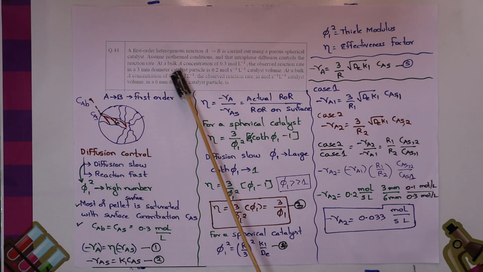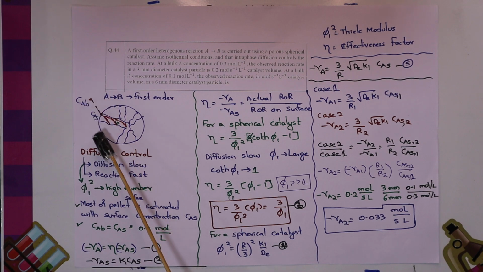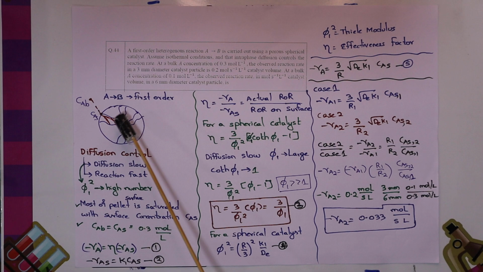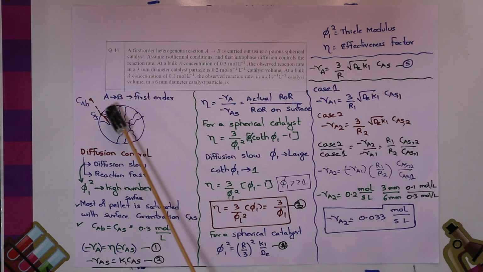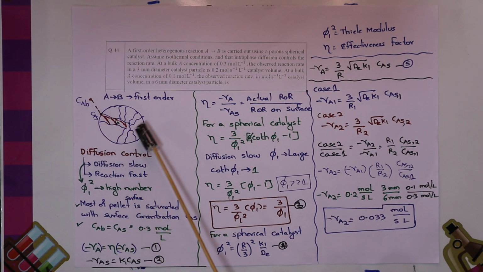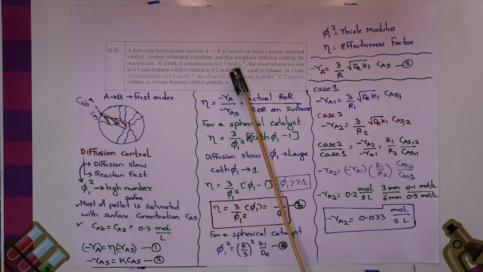Because the reaction happens inside the catalyst, the concentration of the reactant outside the catalyst is different from the concentration inside the catalyst. The bulk concentration of the reactant outside the catalyst is given as 0.3 mole per liter. The observed rate of reaction in a 3 mm diameter catalyst particle is 0.2 mole per second per liter of catalyst volume.